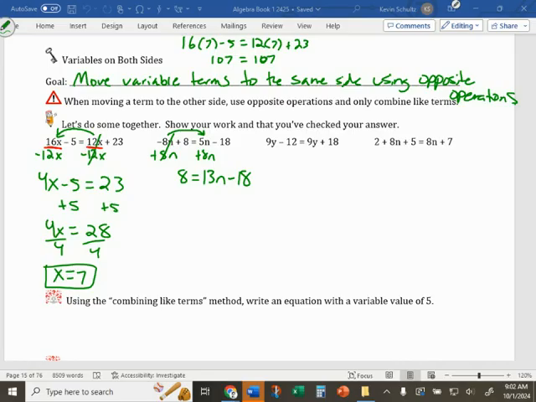Think temperature. If it's negative 8 degrees outside and the next day it's 5 degrees, how much greater is the temperature when it's 5 degrees? 13, right? It's not a coincidence that we have a 13 over here. Okay? So if this whole moving opposite operations thing seems to be a little bit not quite grasping it, if that makes more sense to you, use it.